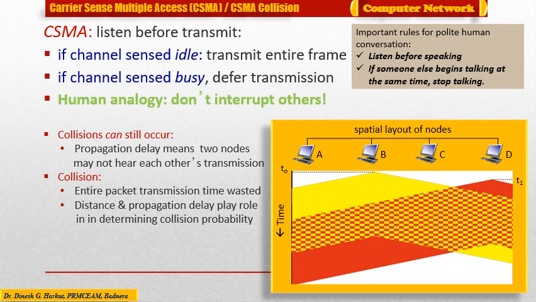The first question that might crop up in our mind is: why, if all nodes perform carrier sensing, do collisions occur in the first place? As in the case of CSMA, when all the nodes involved in the transmission sense the communication channel before beginning the transmission, then why is there a collision?